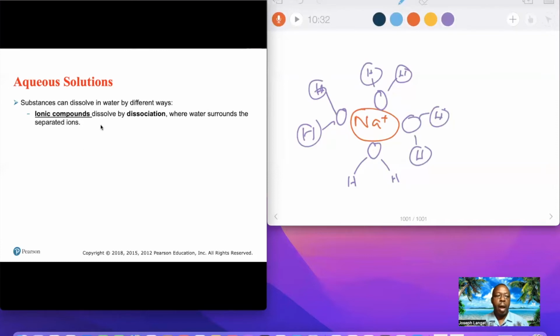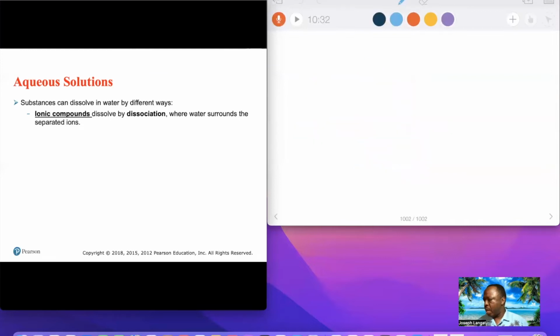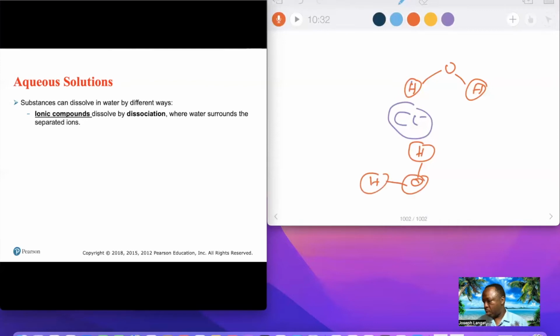When ions dissociate from the ionic compound, if we have chloride in water, it will get associated with what? Hydrogen. I'm just giving you an idea: this is oxygen, hydrogen, and I can have oxygen here and then hydrogen there.